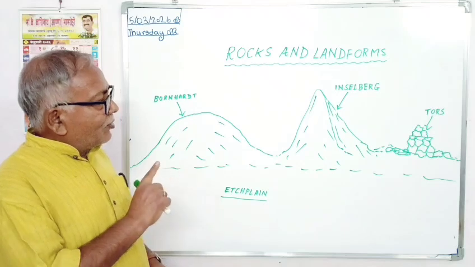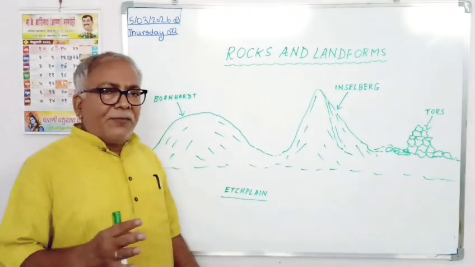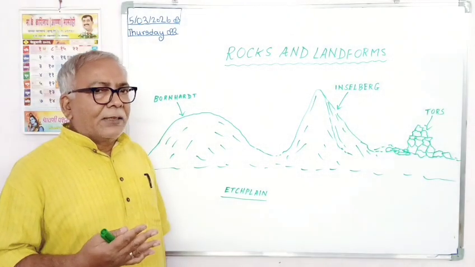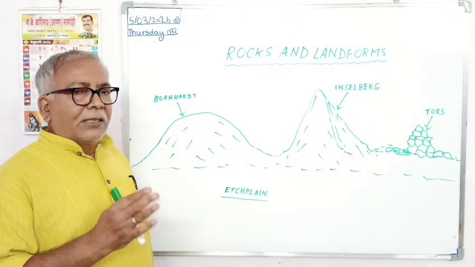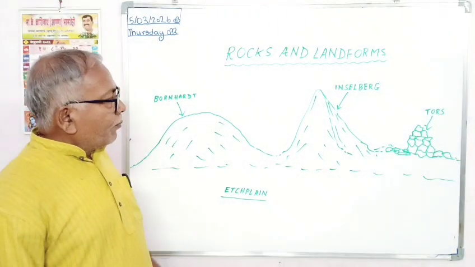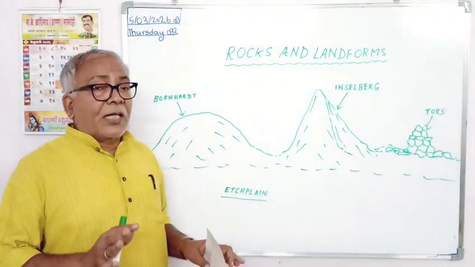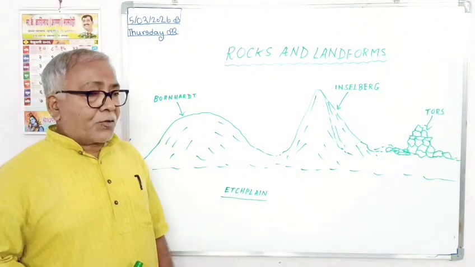So ultimately, these three types of landforms are still visible in that part if someone visits the southeastern part of Tamil Nadu. Now, how are they formed and what is the significance of such types of land or rocks?